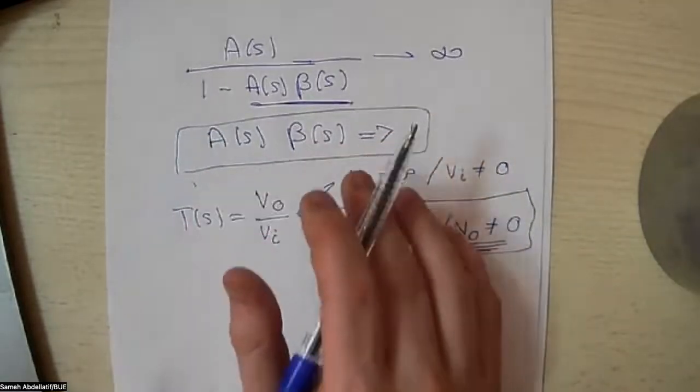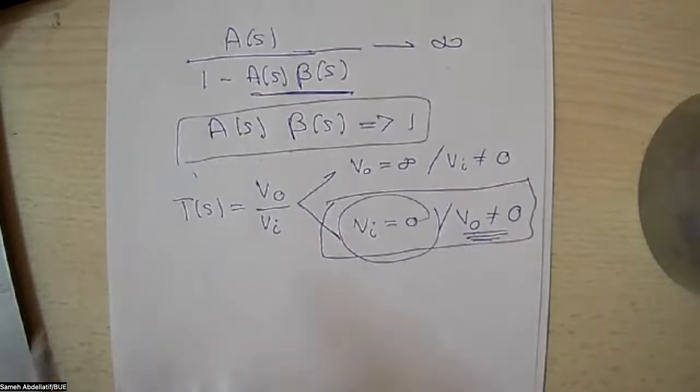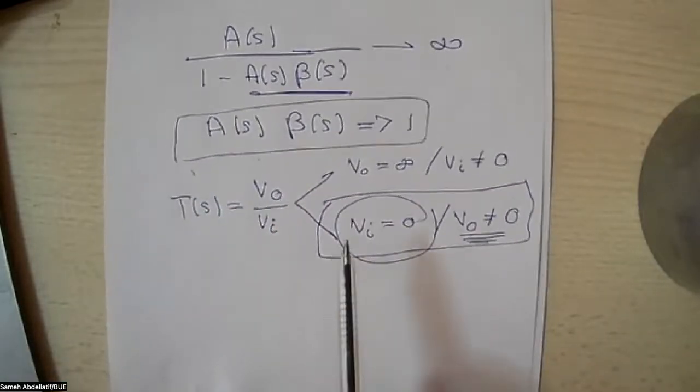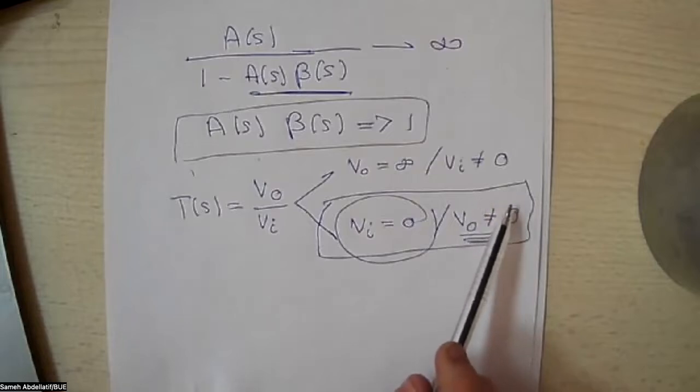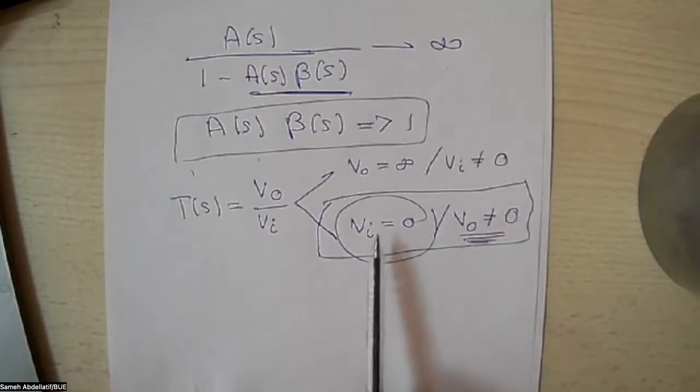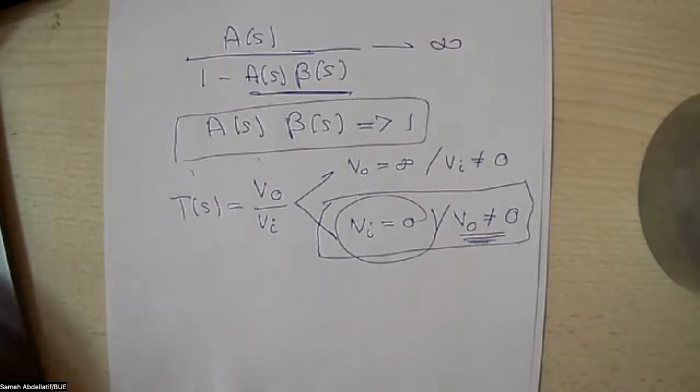In this case, you can enforce your transfer function to be equal to infinity, which leads to a case where you have a finite output voltage with a zero input voltage. So this is simply how we can understand the concept of an oscillator.